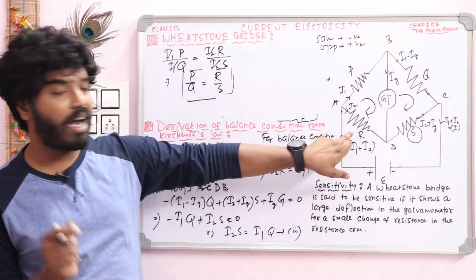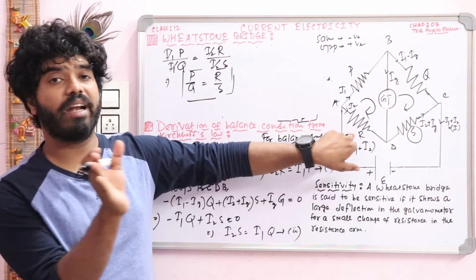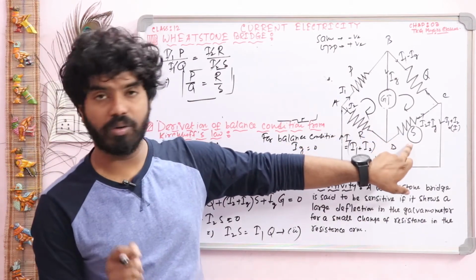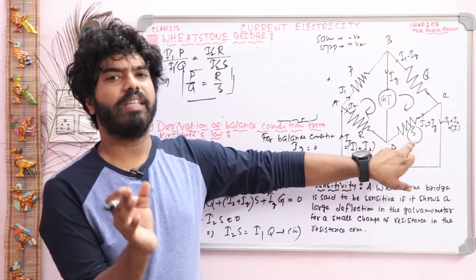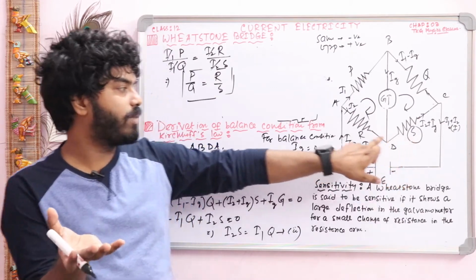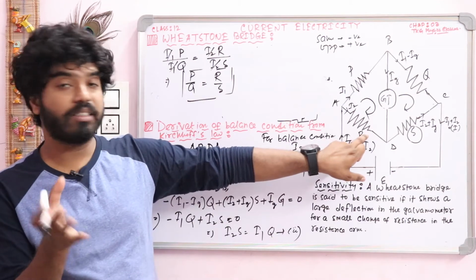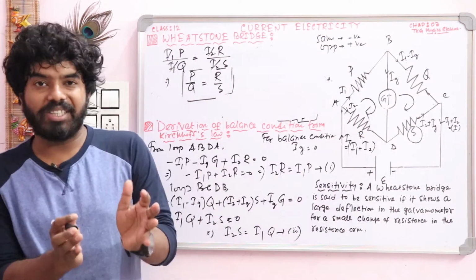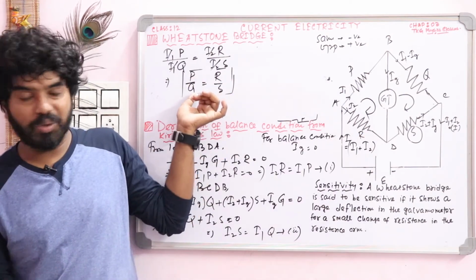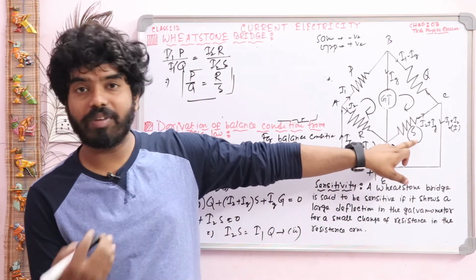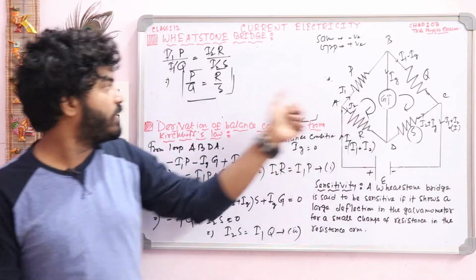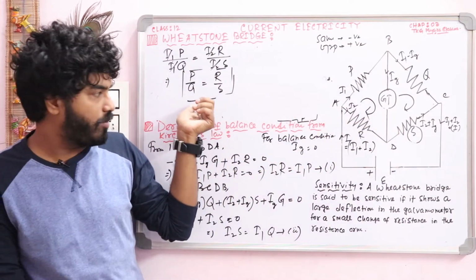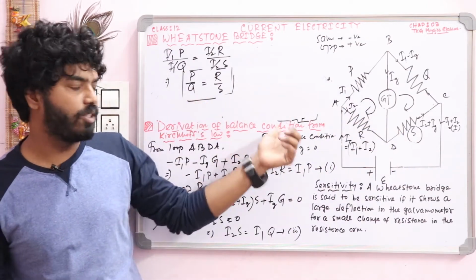Here this R is known as the standard arm, and this is our unknown arm. We will find out this unknown resistance by changing the resistance value here. This resistance is known as a standard arm. By changing the ratio of P by Q, the unknown resistance we can find out more accurately and to a higher order. Okay, so this is our balance condition, and for finding the balance condition we have to use Kirchhoff's law.